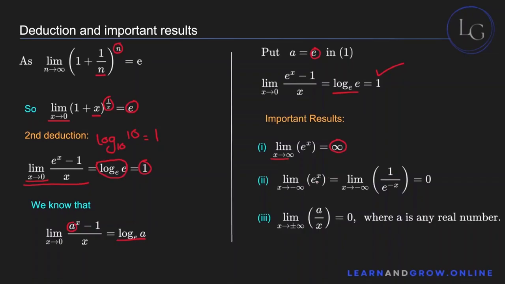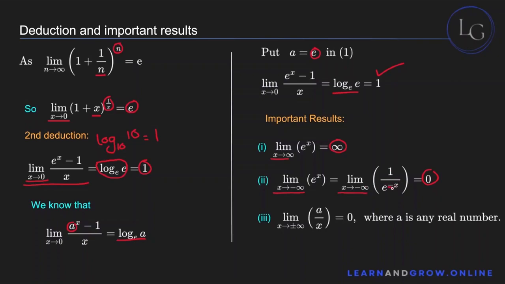However, e to the power x as x approaches negative infinity is 0. e to the power x can be written as 1 over e to the power minus x, and as x approaches negative infinity, it becomes 1 over e to the power infinity.